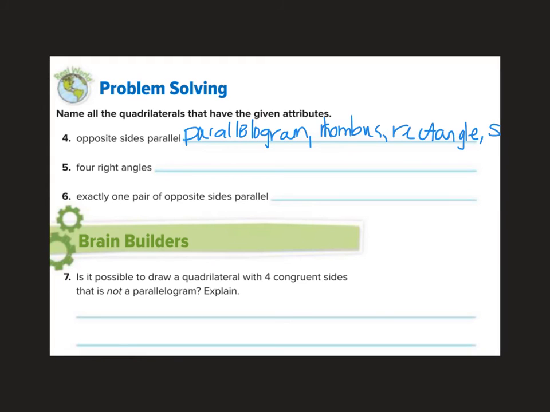Also square. They all have this attribute. They have other ones, right? But they all follow this attribute. 4 right angles would just be rectangle and square. Exactly 1 pair of opposite sides that are parallel, just our friend the trapezoid.